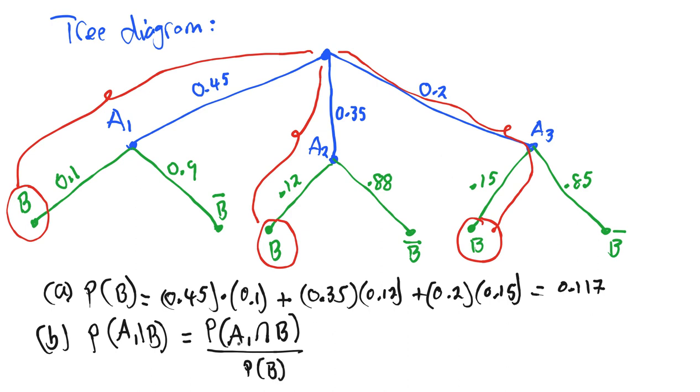It's just that Bayes breaks it down even further, expressing the numerator as a conditional probability, and the bottom using our law of total probability. But we don't necessarily need to do that because all the information we need is already there in the tree. So for instance, that A1 and B, that's this branch right here.